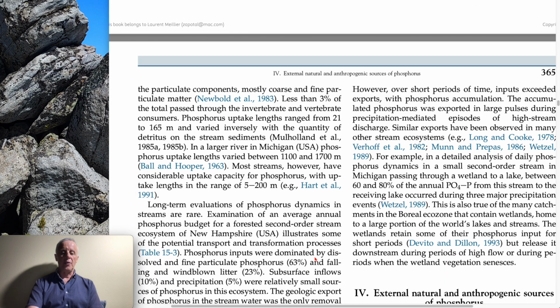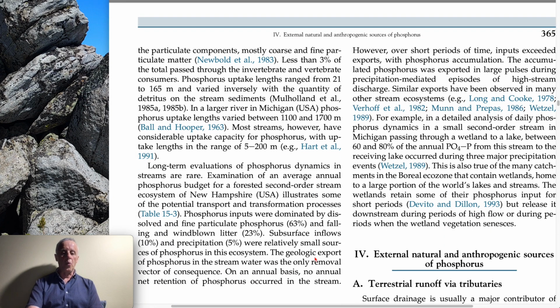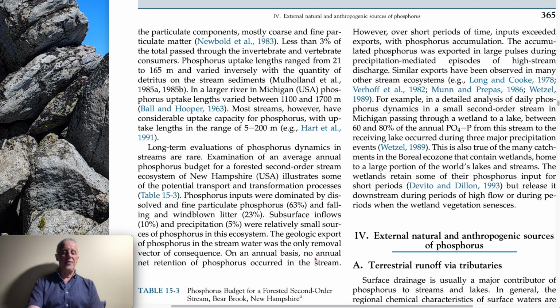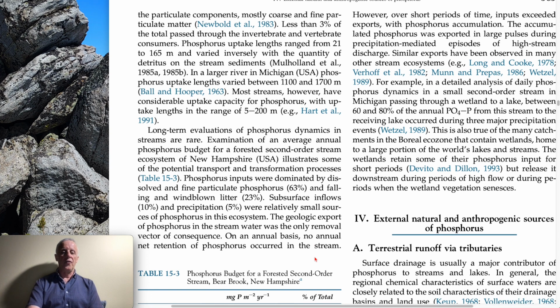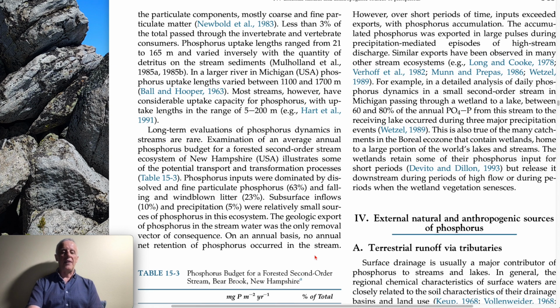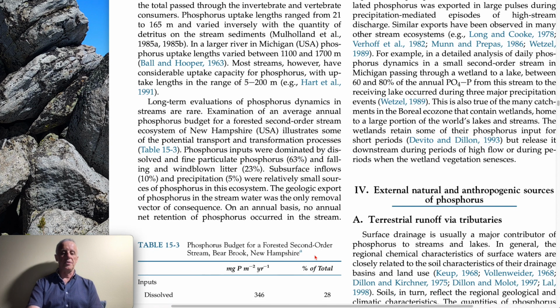Phosphorus uptake length ranged from 21 to 165 meters and varied inversely with the quantity of detritus on the stream sediments. In a large river in Michigan, phosphorus uptake length varied between 1,100 and 1,700 meters. Most streams, however, have considerable uptake capacity for phosphorus, with uptake length in the range of 5 to 200 meters.